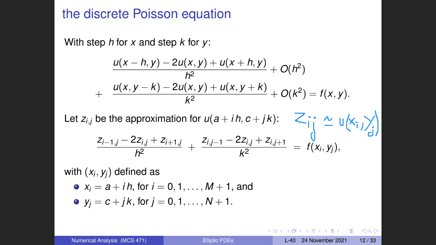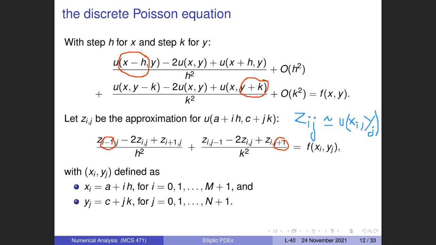Something that is important here, and let me indicate again in red. We have the continuous u, and then we have the discrete z. Where we have x minus h, we have i minus 1. Where we have y plus k, we have j plus 1. So the k squared and the h squared appear in the denominator.